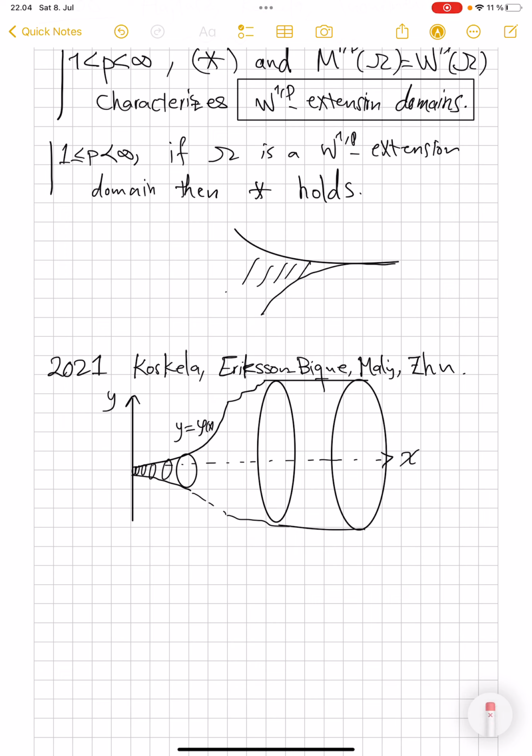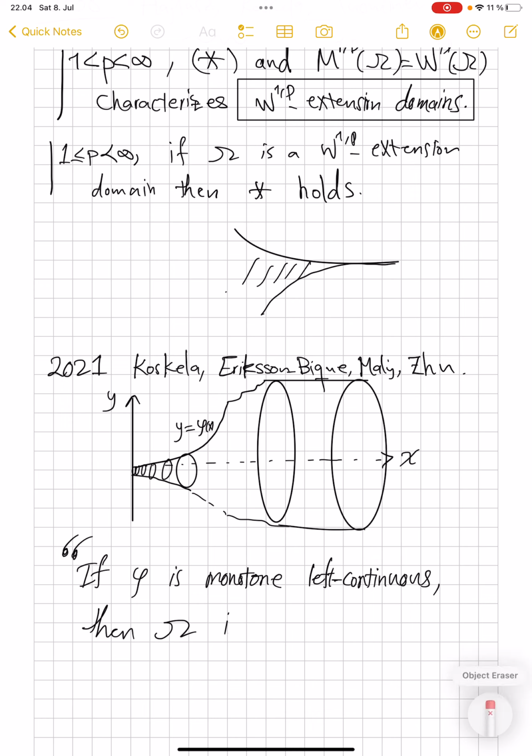So my laptop ran out of battery in the middle of my recording and died, so I can't quote the exact result, but basically it is that if phi is monotone and left continuous, again this is just to make sure it is actually a well-defined domain, then this domain that we produce by this satisfies M1P(Ω) equal to W1P(Ω).